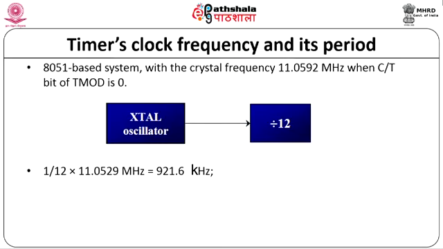That means 921 into 10 power 3 operations can be done in a single second. And for one particular machine cycle, the time taken by this controller is 1 by 921 kilohertz, which is 1.085 microseconds. So one cycle can be operated in 1.085 microseconds. This is the time taken to do one particular operation.